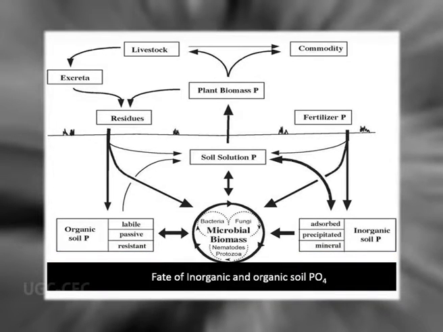To a great extent, it is usually the inorganic phosphate which is easily moving, and the organic phosphate normally remains sedentary in the soil. But of course, whenever the plant and animal die, this phosphate will be enriched into the soil again.